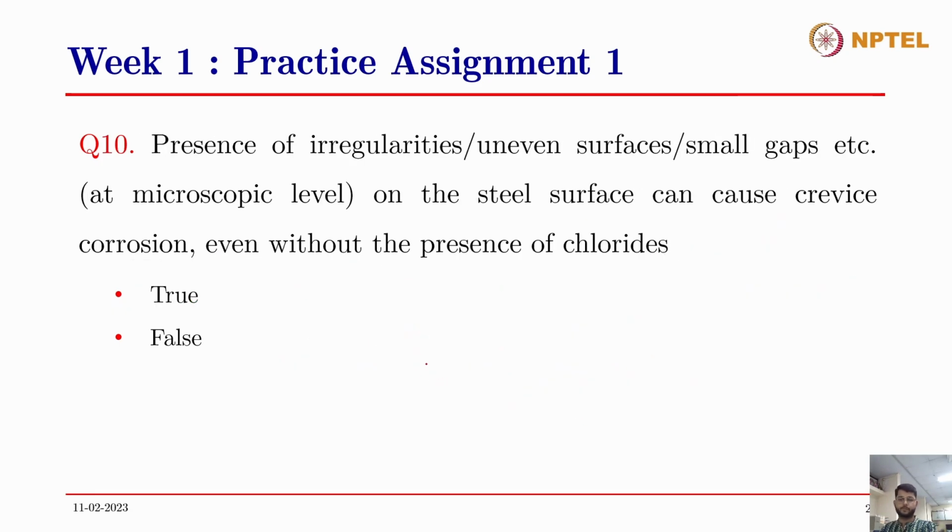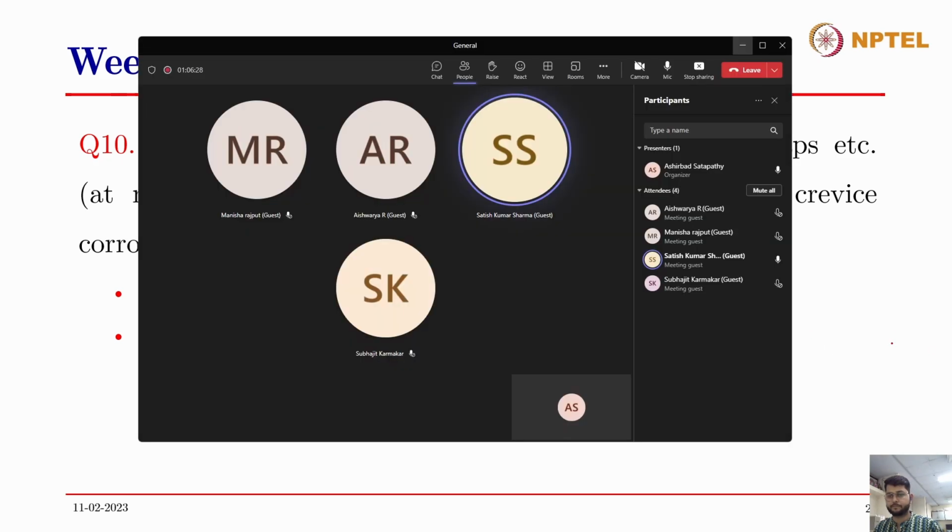All right. Moving on to the last question. The 10th question was: presence of irregularities, uneven surfaces, small gaps, etc. at microscopic level on the steel surface can cause crevice corrosion even without the presence of chlorides. True or false? Can somebody answer this question?